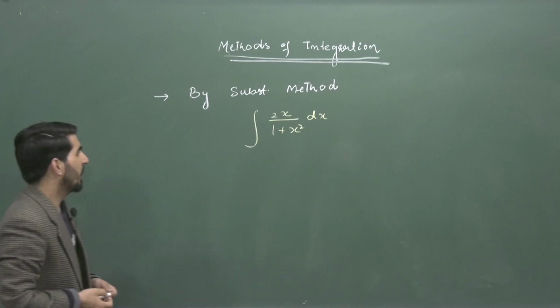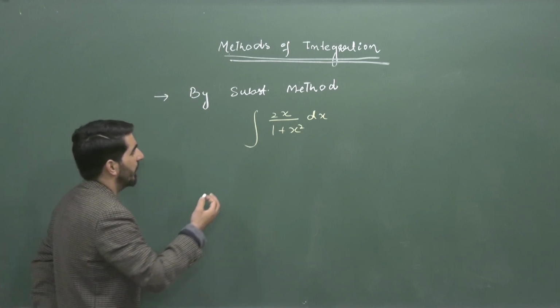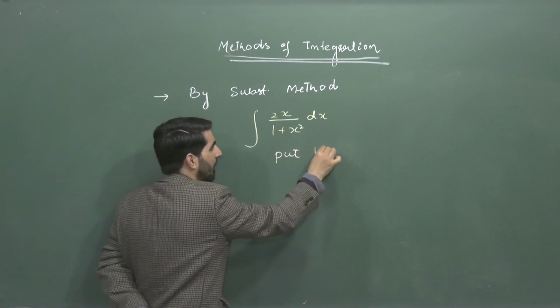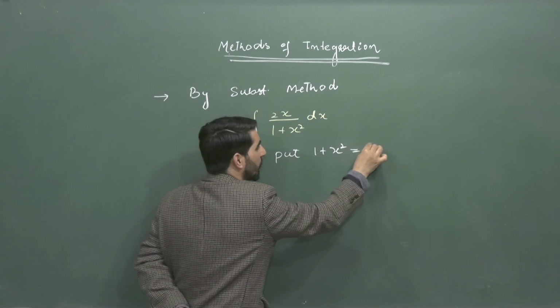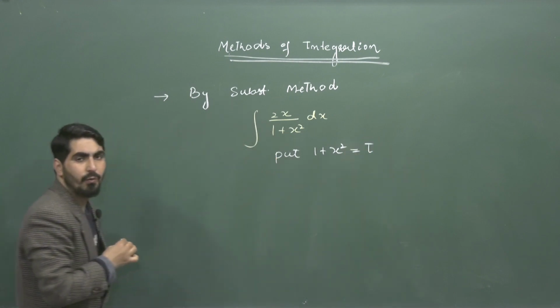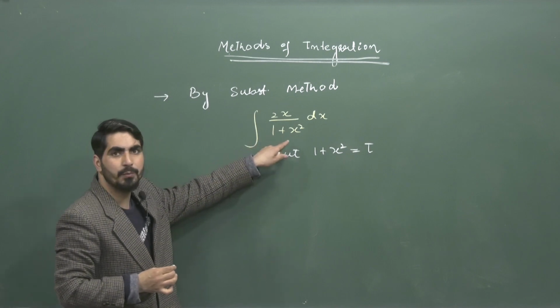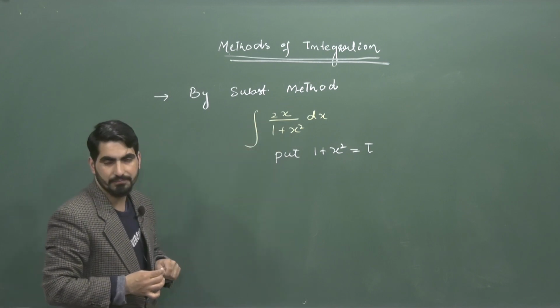Now, the first step: we will put 1 plus x square equal to t. Why? Because we know that the differentiation of 1 plus x square is 2x.